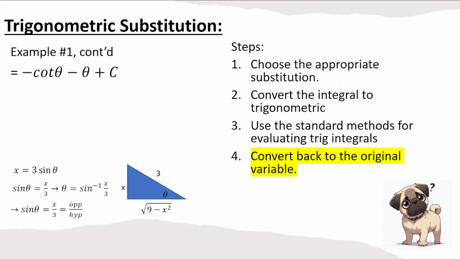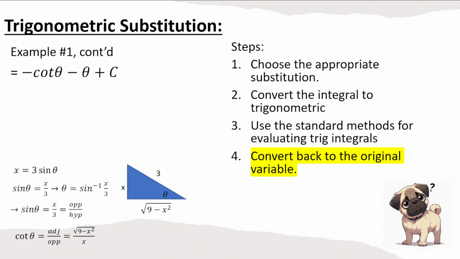So you can check that by using the Pythagorean theorem. Now that we have all three sides of this triangle, we can evaluate the cotangent of theta. The cotangent of theta is the adjacent side over the opposite side, which for this triangle would be the square root of 9 minus x squared over x. And so that will be the expression that we use for cotangent.